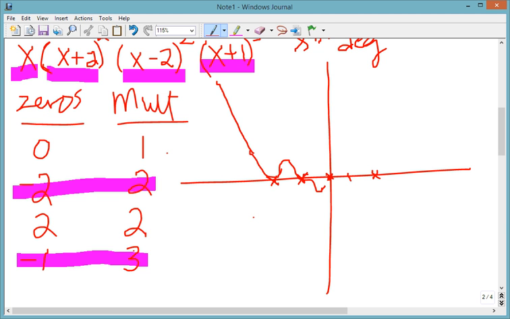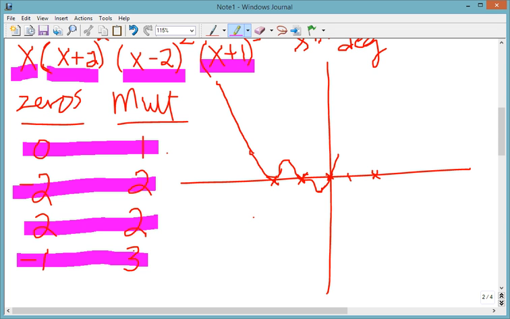It has to come back up to 0. 0 has multiplicity of 1, so it's just going to cross right through there. And then finally our 2 has multiplicity of 2. So it has to come up here and turn around, and then it's going to just touch because it's 2, and then it goes up. And just like we thought, it's going up on both ends.